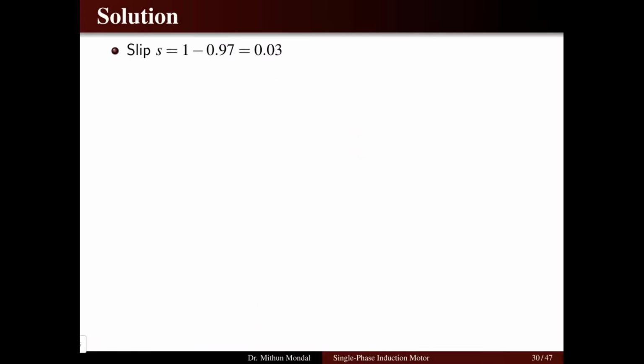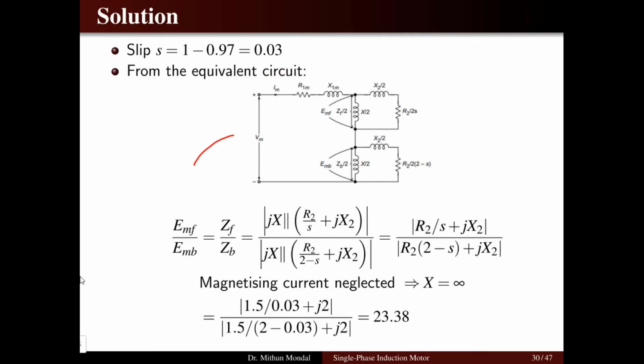So from the given condition that this motor is running at 97% of the speed, this gives the slip value as 0.03 per unit. And the equivalent circuit we can use for the single phase induction motor consists of the forward field and the backward field with the stator parameters and the rotor parameters.